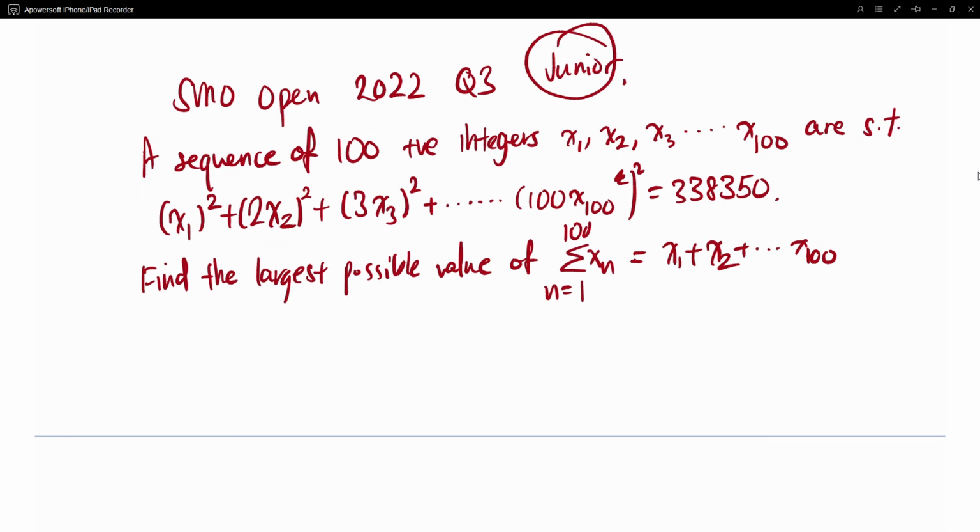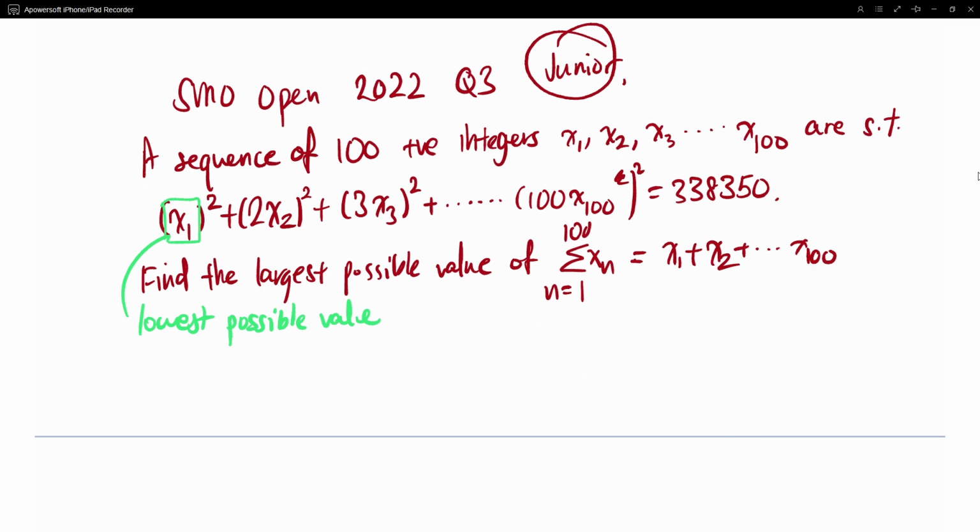The trick for all these questions is that first we want to let x1 be the lowest possible value, just to see how it behaves, because we want to understand this equation.